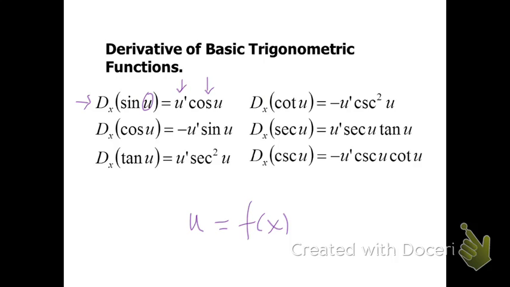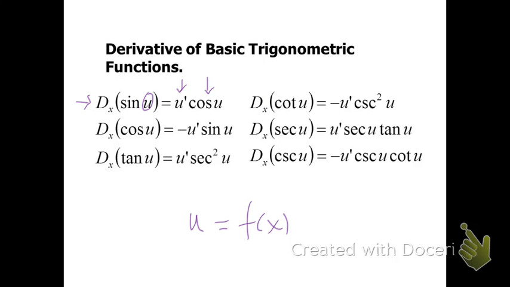Okay. The number 4 is going to be, what's the derivative of cotangent of u? It's going to be negative u prime times cosecant squared of u. If you have secant of u, the derivative is going to be the derivative of u times secant of u multiplied by tangent of u. And the last one, number 6, is cosecant of u.